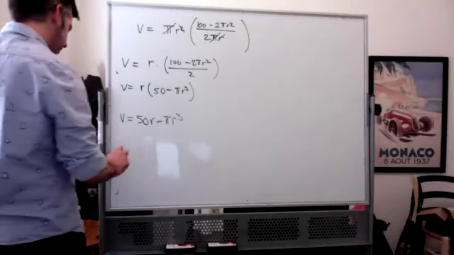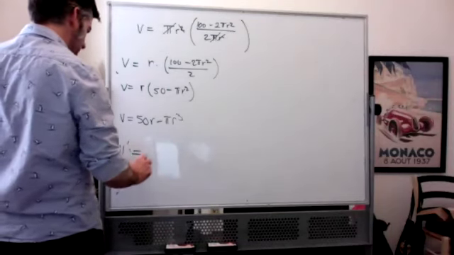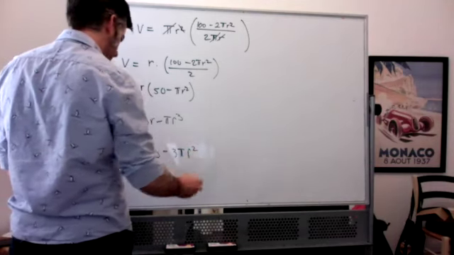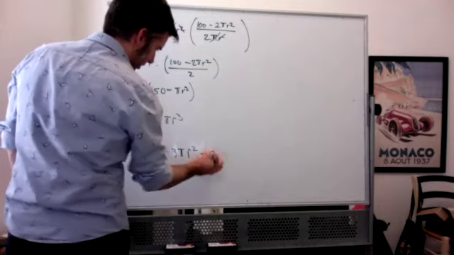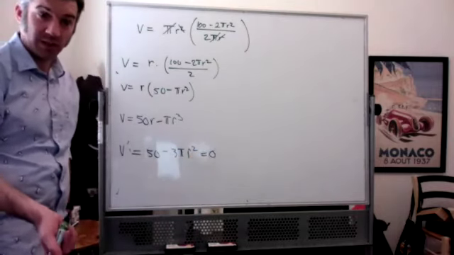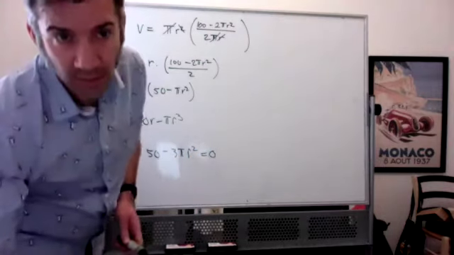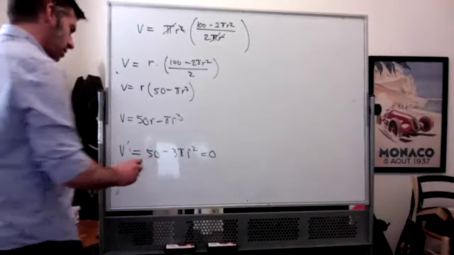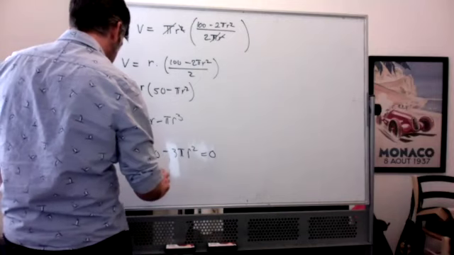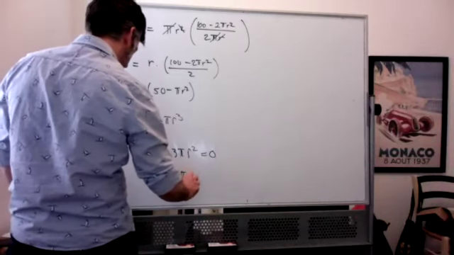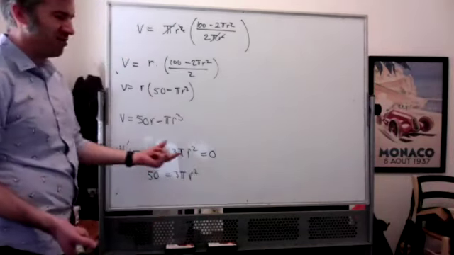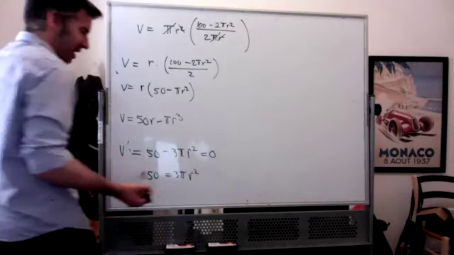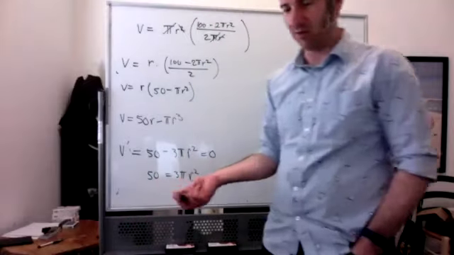Let's take the derivative. V prime is equal to 50 minus 3 pi r squared. Set that equal to 0. And here's where the numbers are going to get kind of gross. So solving for r, I'm going to get 50 equal to 3 pi r squared. I suppose you could try factoring, but you shouldn't really factor this.